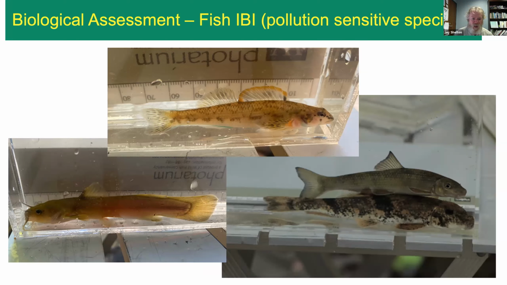And so when I say different pieces, I mean different species. And we know that some species of fish are more pollution sensitive, some species of fish are more pollution tolerant, but we should have both. There should be an appropriate level of diversity in any given aquatic habitat.